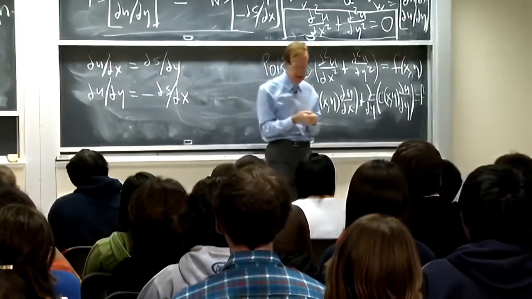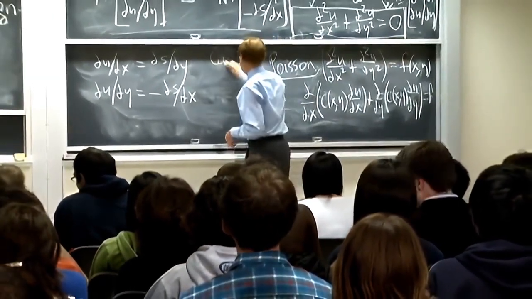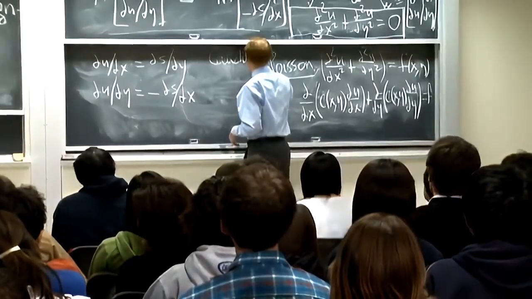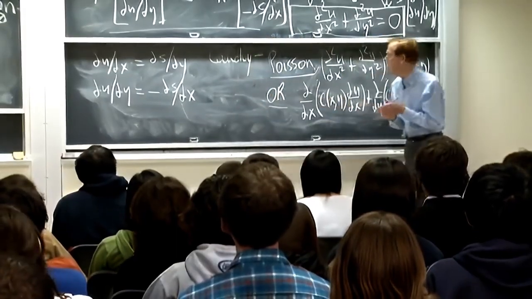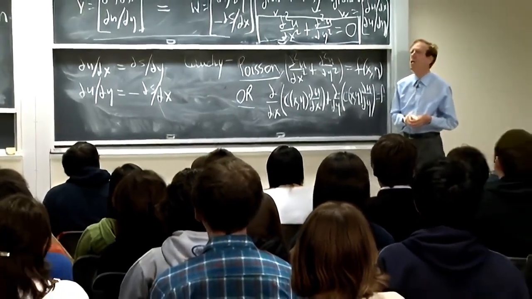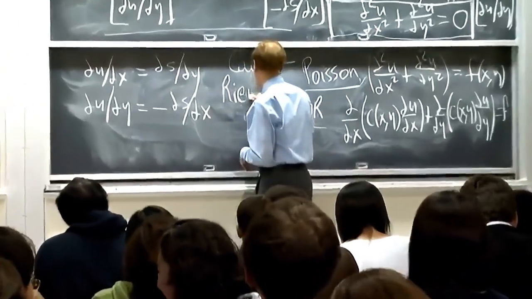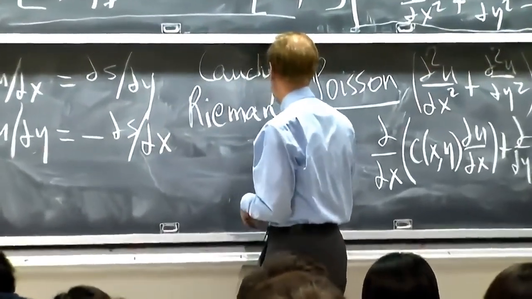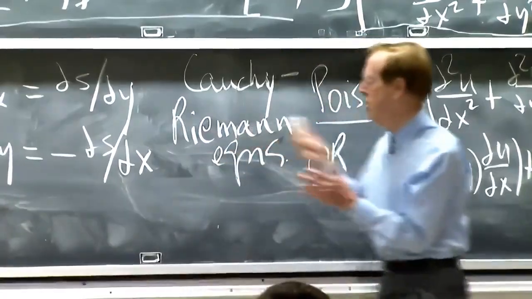The French name is Cauchy, and the German is a really fantastic mathematician. Anybody know his name? Riemann. The Cauchy-Riemann equations connect the two pieces u and s.